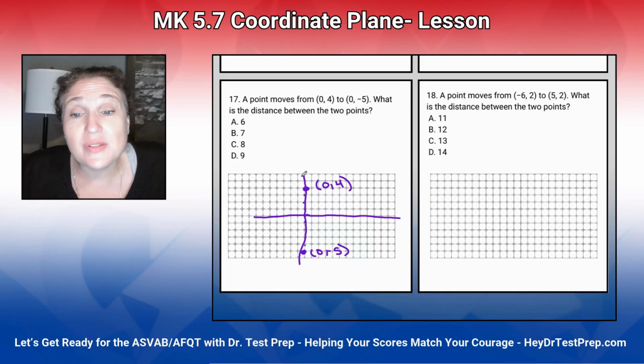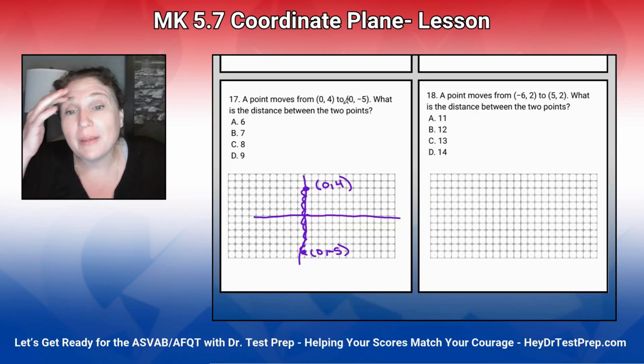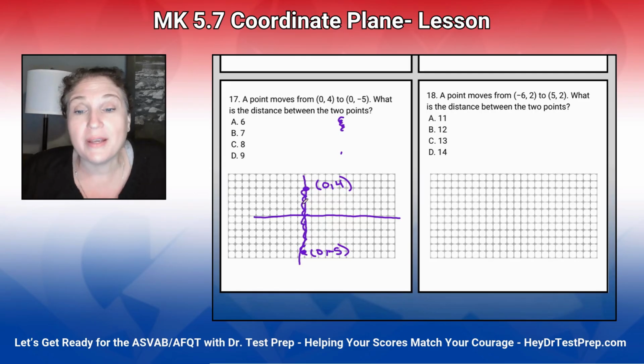Okay, so again, this is why counting works. Maybe you're good at doing 4 minus negative 5. But if you're not, 1, 2, 3, 4, 5, 6, 7, 8, 9. And if you don't have grid paper, you're going to be doing those little loops anyway. So it's super easy to compare. The other thing we can do is we can see that from here to here, it's 4. From here to here, it's 5. 4 plus 5 is 9.